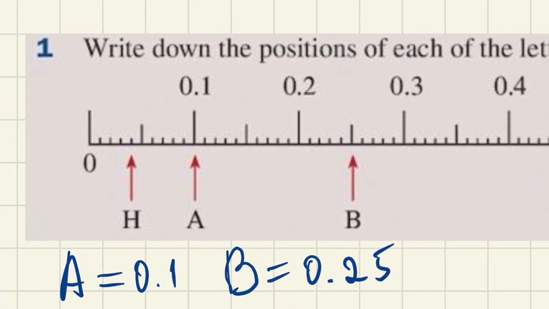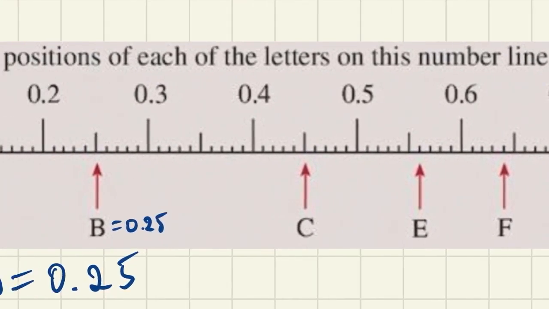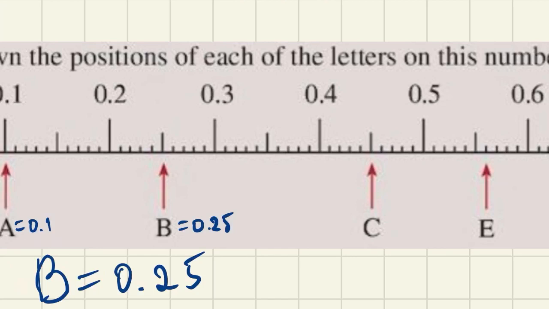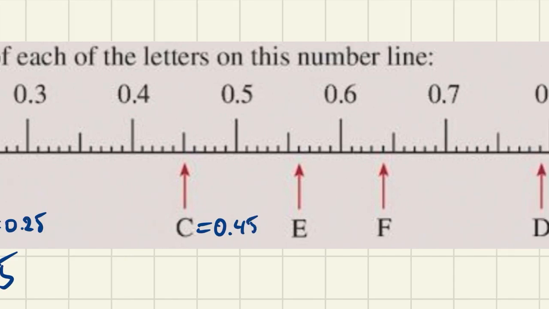Okay, we can actually write it here. So A is 0.1, B is 0.25. C is right in the middle between 0.4 and 0.5, just like B was in the middle between 0.2 and 0.3. So by analogy with B, we can say that C is 0.45.